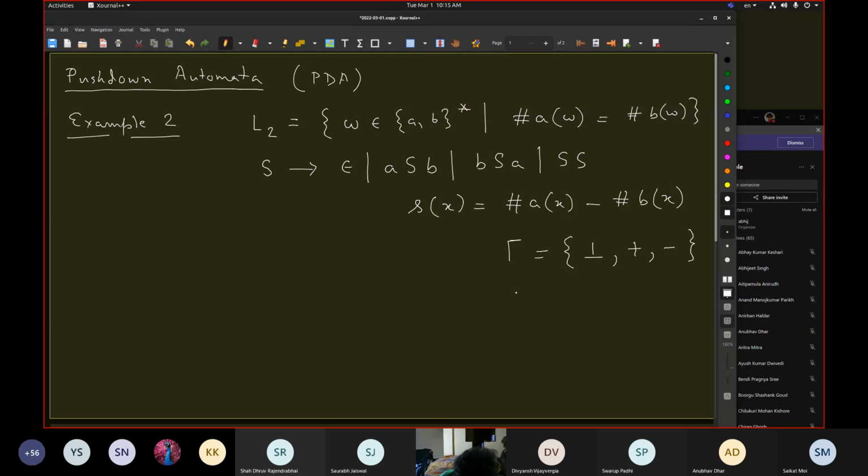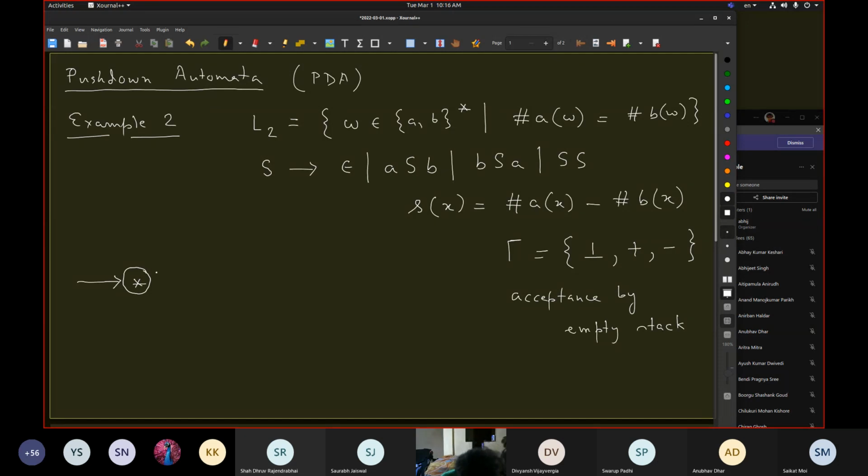As I mentioned yesterday, I should specify whether this machine accepts by empty stack or by final state. In this example, the acceptance is by empty stack. There is only one state, so that has to be the start state. Let me give it some name, like start, because there is only one state. There is no point giving some meaningful names to the state.